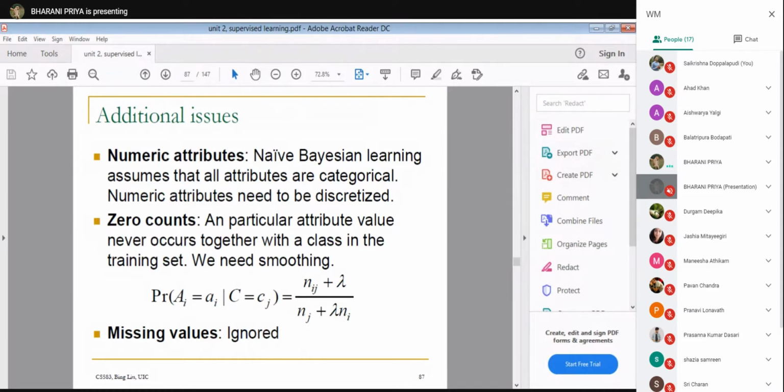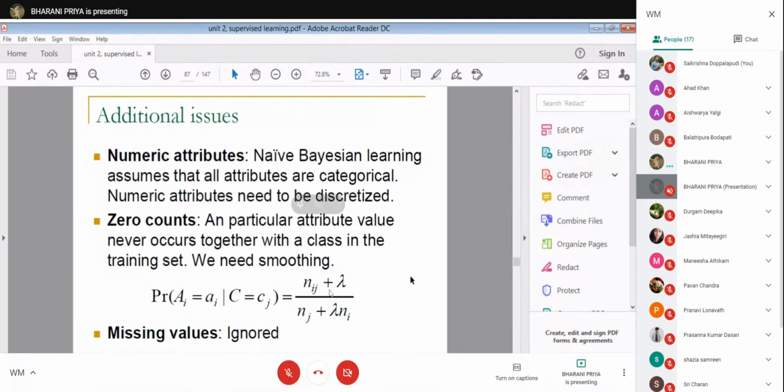I want someone to explain zero count. Zero count. Anyone?